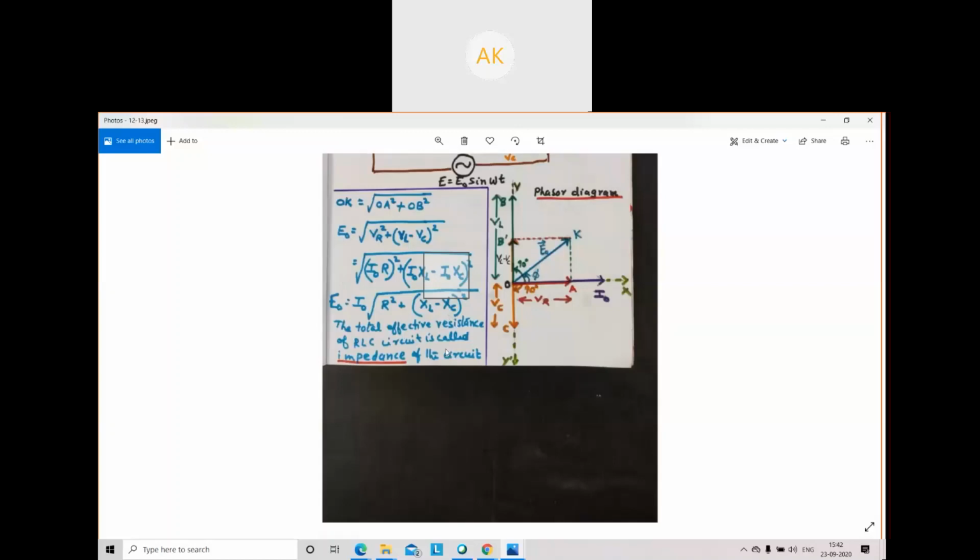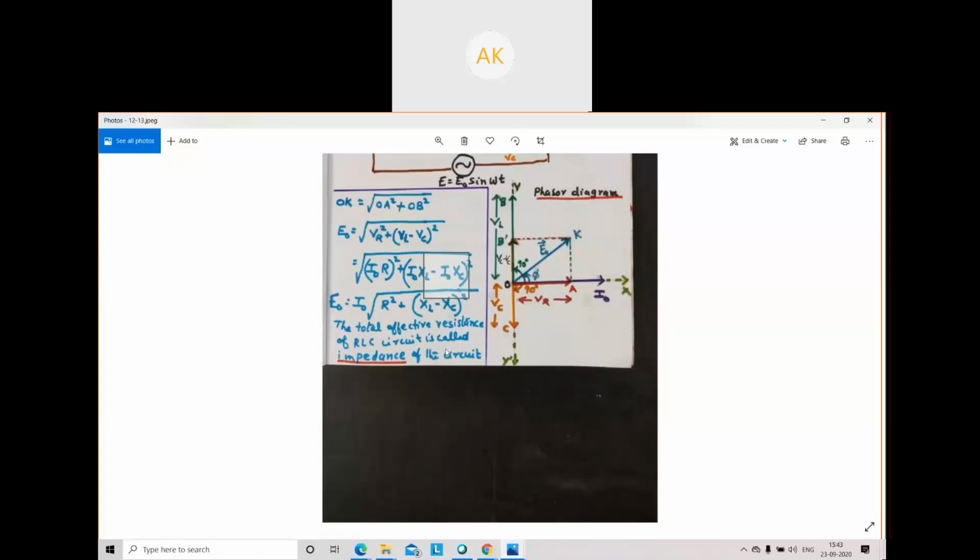No answer, Amish is not there. Gayatri, can you tell E0 by I0? No answer. Then I'll ask Abhirami. E0 by I0, what will it be?